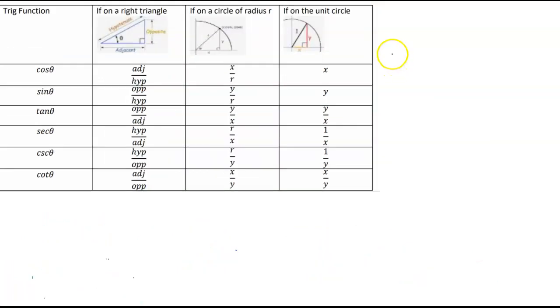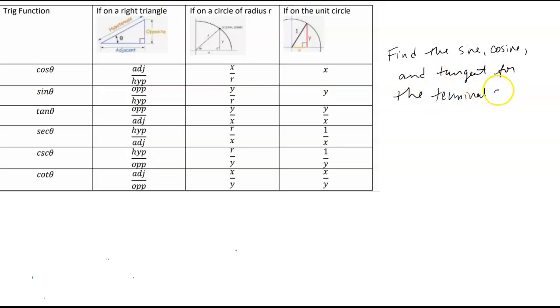Okay, so let's say the problem is something like find the sine, cosine, and tangent for the terminal side through the point 2, 4.